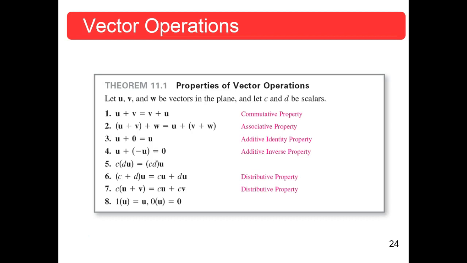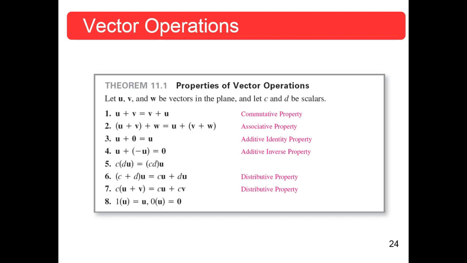In other words, if you have two scalars and a vector, they're in some sense sort of associative, okay? But you have to be careful with two scalars and a vector. Number 6, that's an associative property. They didn't say that, but it's sort of an associative property of two scalars and a vector.